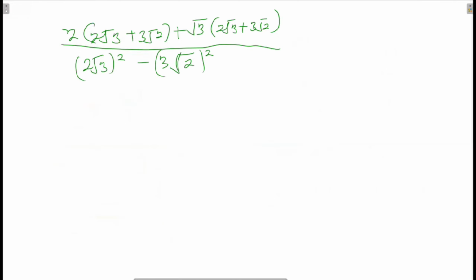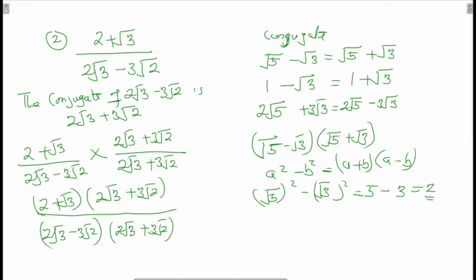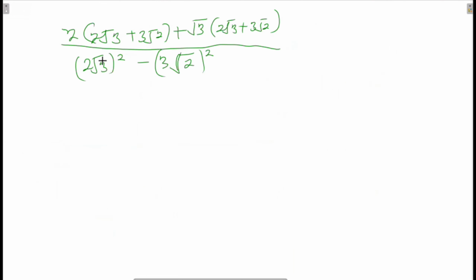Now don't make the mistake of writing 3 root 2 first, because in this conjugate, what we first have here is 2 root 3 before minus 3 root 2. Even here, 2 root 3 before plus 3 root 2. You have to first write what we have, 2 root 3 minus 3 root 2. Now let's simplify this further.